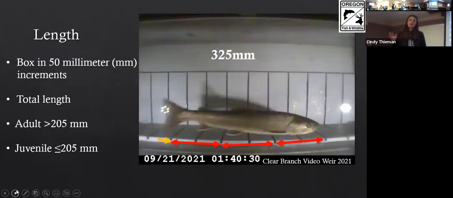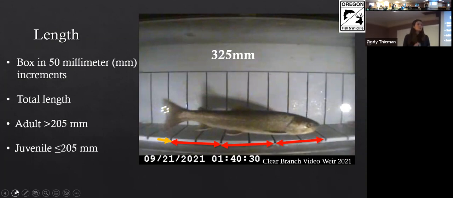So how we identify adults versus juveniles is primarily on length. What we have built into the passage chute is actually a measuring board. So each of these notches represents 50 millimeters. And so by this measuring board, we're able to get at an approximate length of fish.